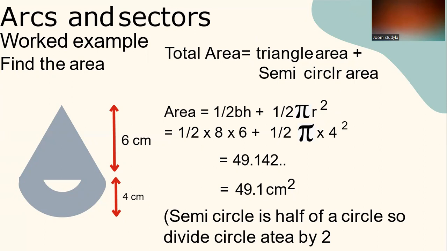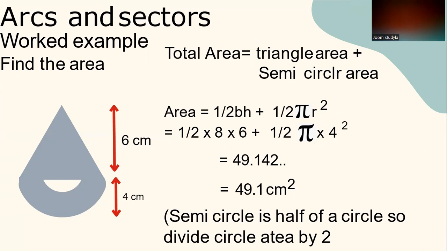So in this case, R squared is given as 4 squared. So half times 8 times 6 plus half pi 3.142 times 16. So the answer is 49.142, and rounded to the nearest number it becomes 49.1 centimeter square.